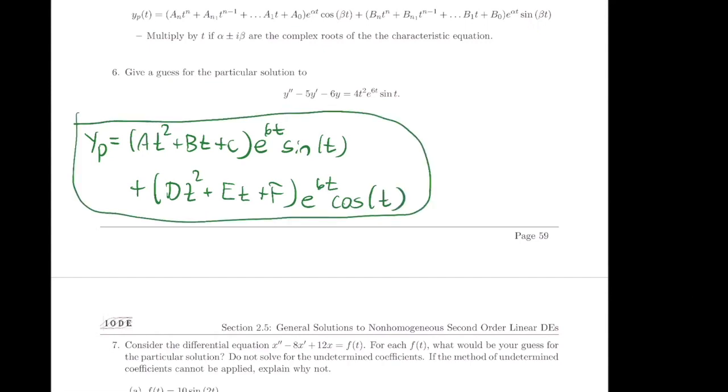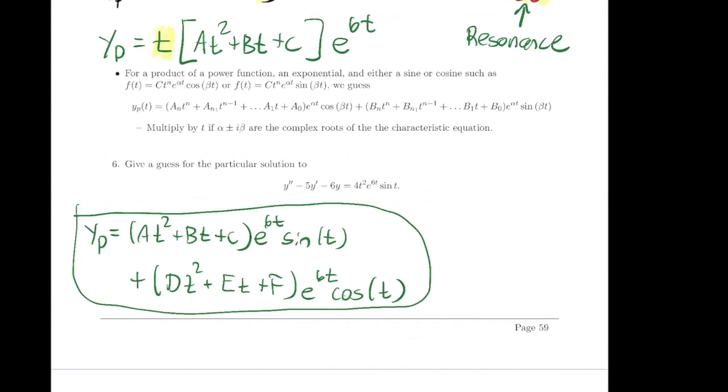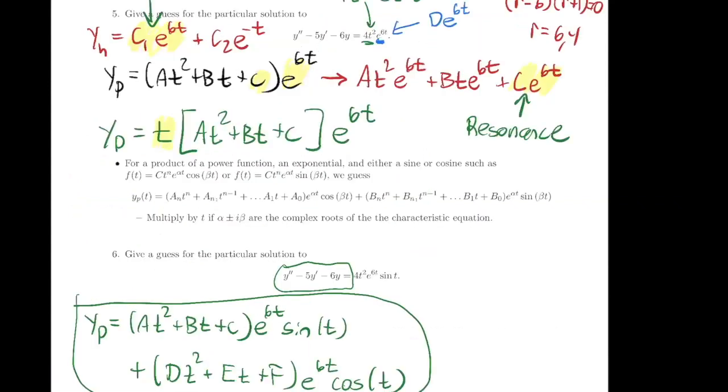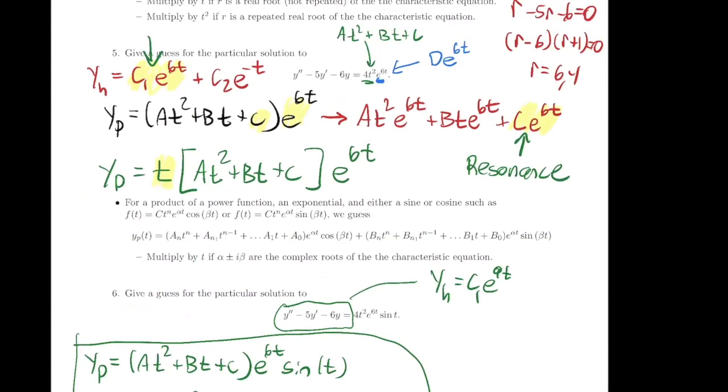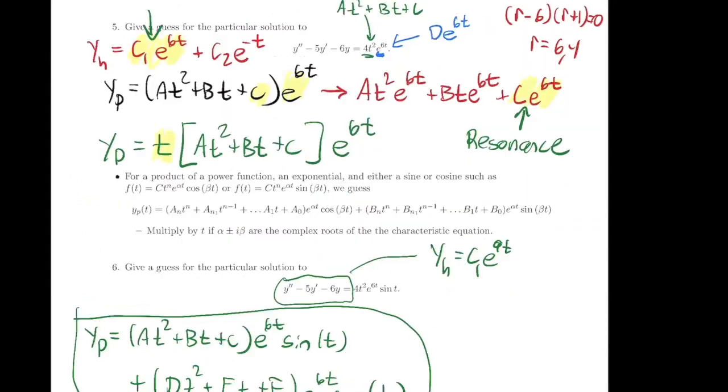And I should say that you would want to be careful and check for resonance here. Since we have the same left side of the equation, the homogeneous solution here is the same as in the previous case. So that was e to the 6t, it was minus, sorry, it was 6 and minus 1.